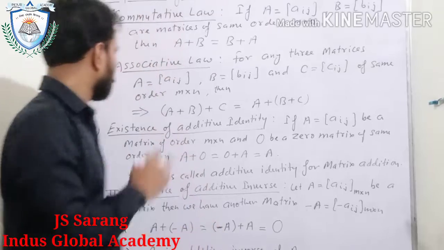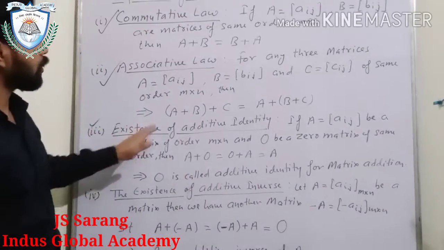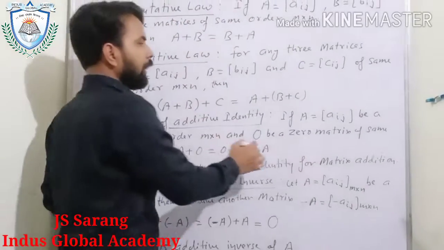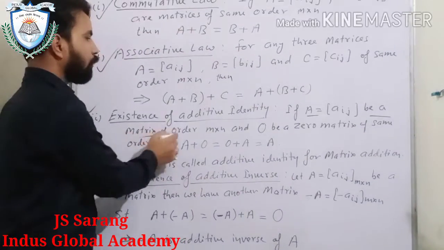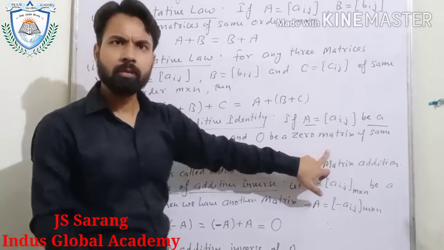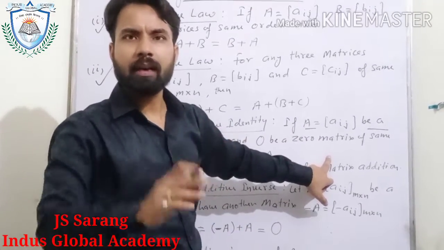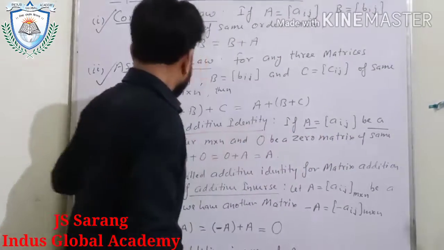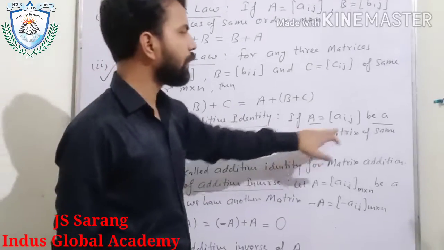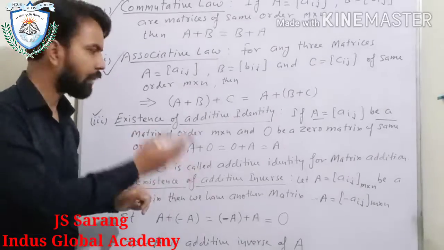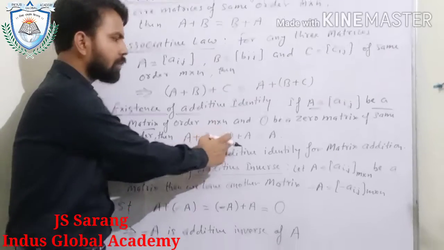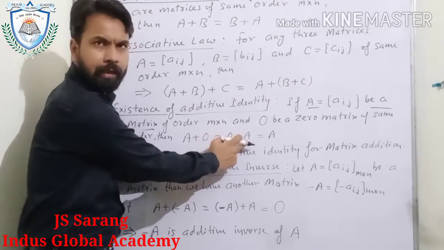Understood? Now, the third property is the existence of additive identity. If A is a matrix of order m by n and O is a zero matrix, a matrix whose elements are all zero, of the same order m by n, then the sum of the matrix A and the zero matrix equals the sum of the zero matrix and that matrix.